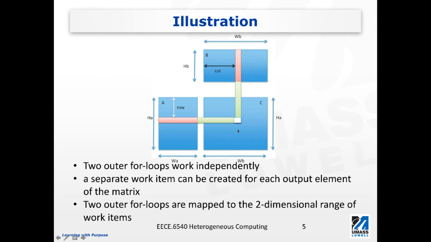Essentially, in the hardware implementation, whether you use FPGAs or GPUs, the processing elements will perform the computation to calculate the resulting element in C. Because these work items can be created independently of the other ones, we can map these two outer for loops to the two-dimensional range of work items.